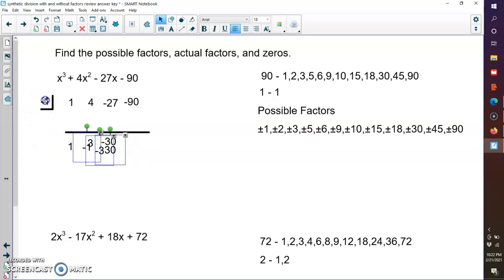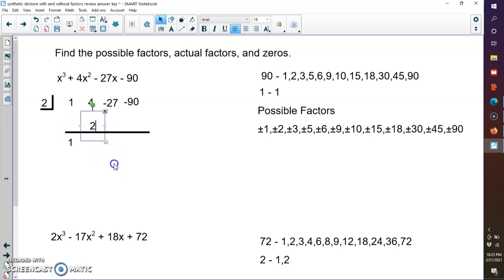So now, let's try 2. Remember, I've already promised you it'll be the first 6 options that'll be the answer. Let's try 2. All right, bring the 1 down.